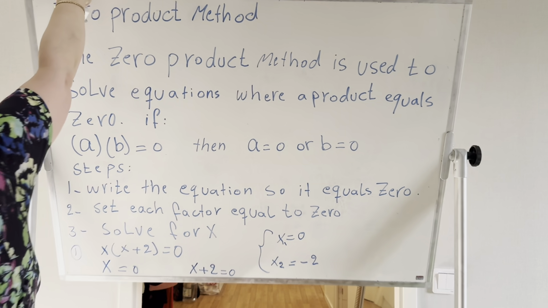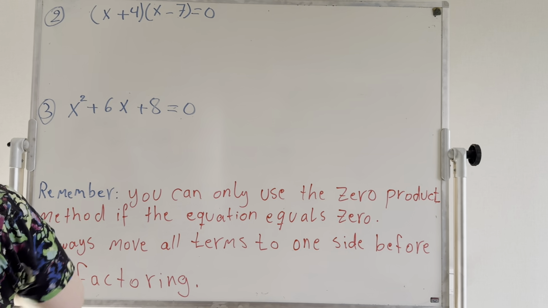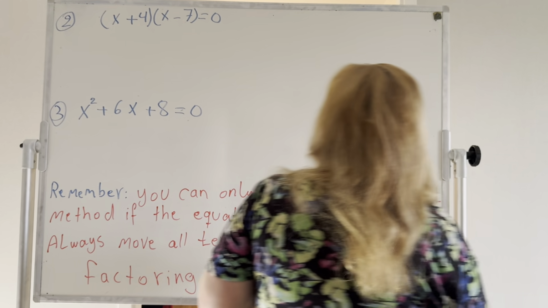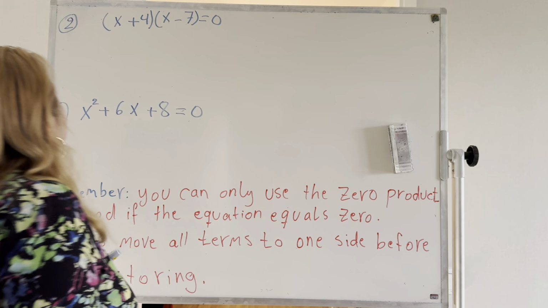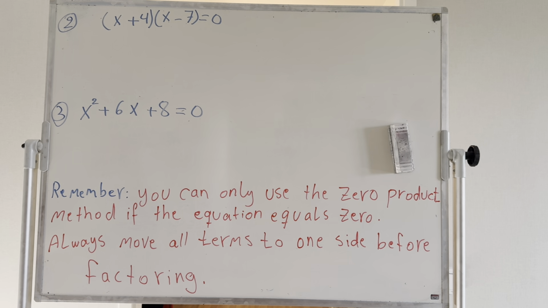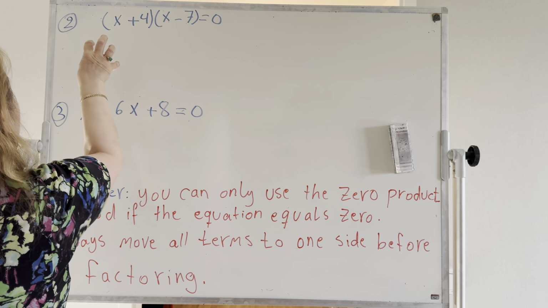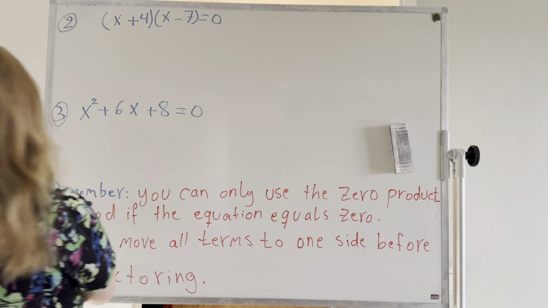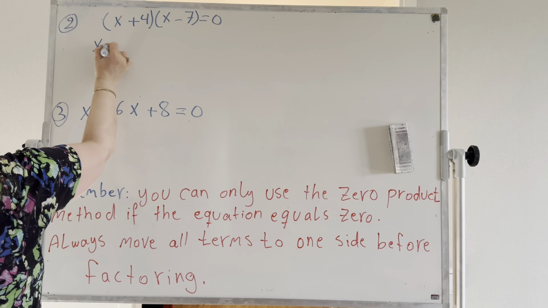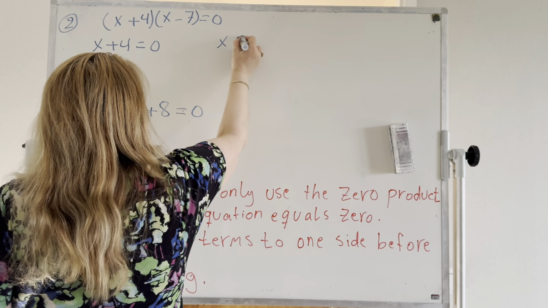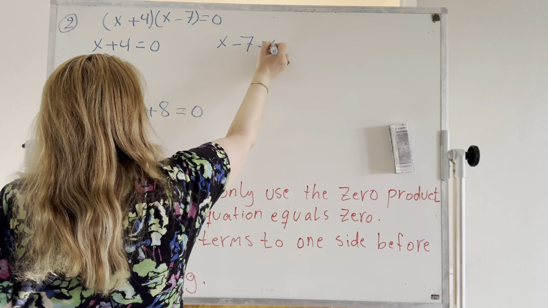The second example. We have this equation, x plus 4 times x minus 7, and we will set every factor equal to 0. x plus 4 equals 0 and x minus 7 equals 0.